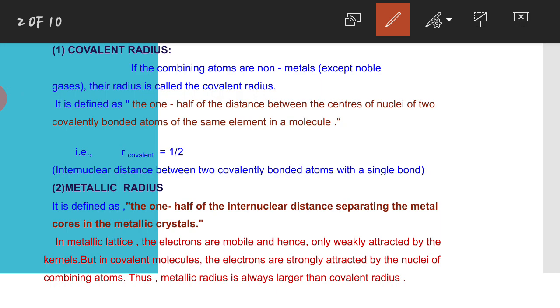But in covalent molecules, the electrons are strongly attracted by the nuclei of combining atoms. Thus, metallic radius is always larger than covalent radius. Again, repeat my sentence: metallic radius is always larger than covalent radius.